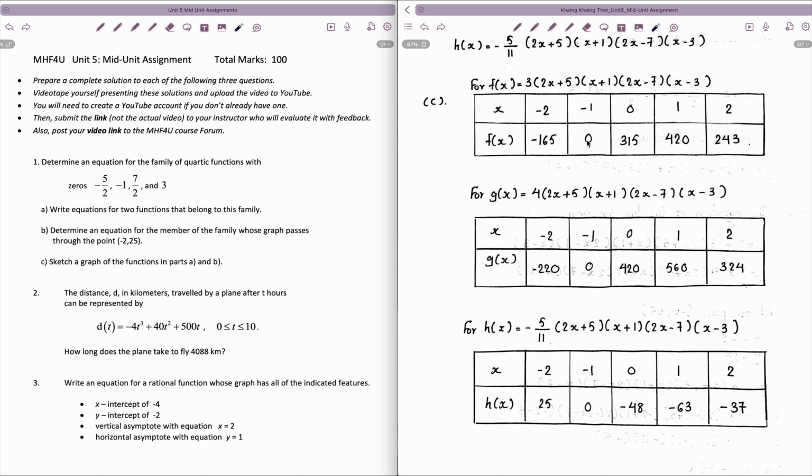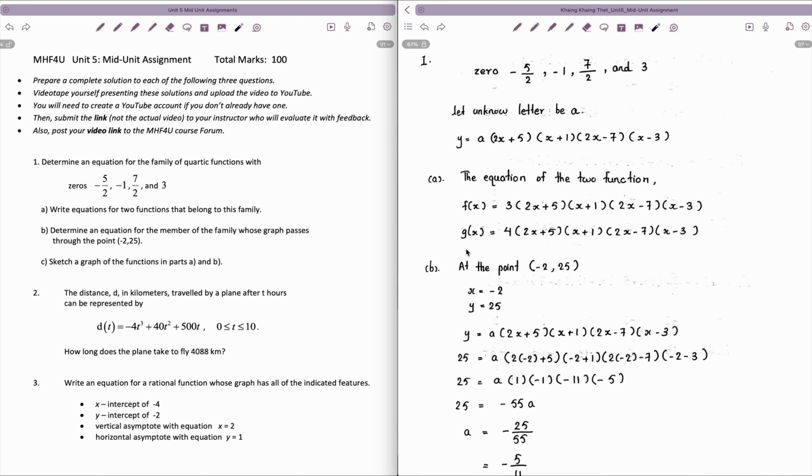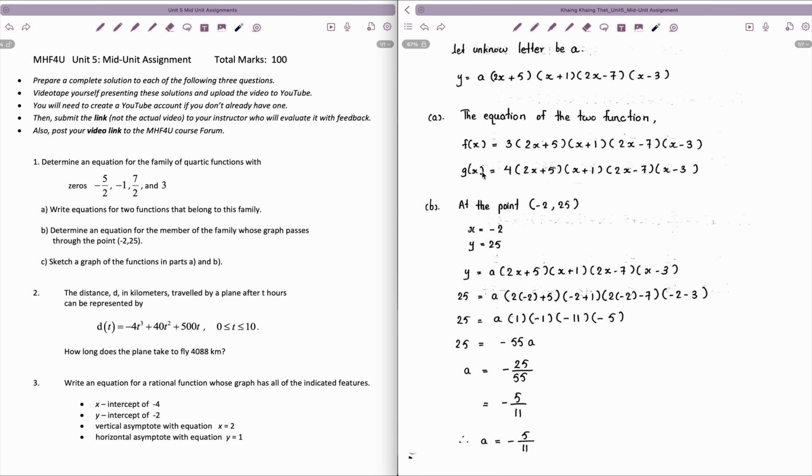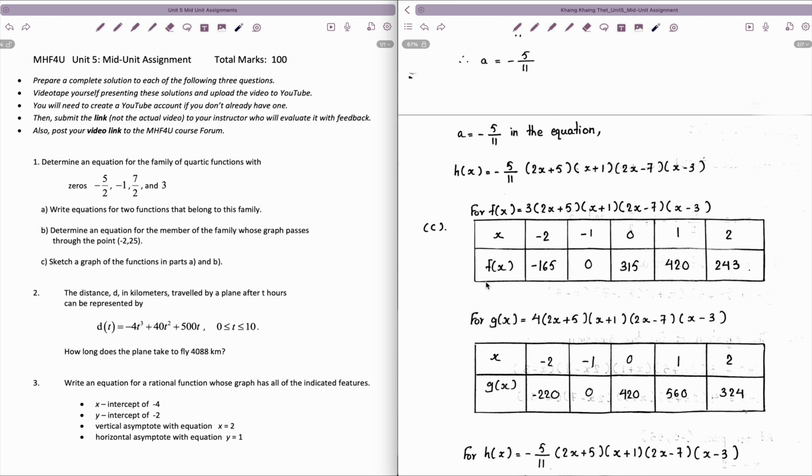Next, for part C, sketch a graph of the functions in part A and part B. Part A has two equations, f of x and g of x, and part B has one equation, h of x.